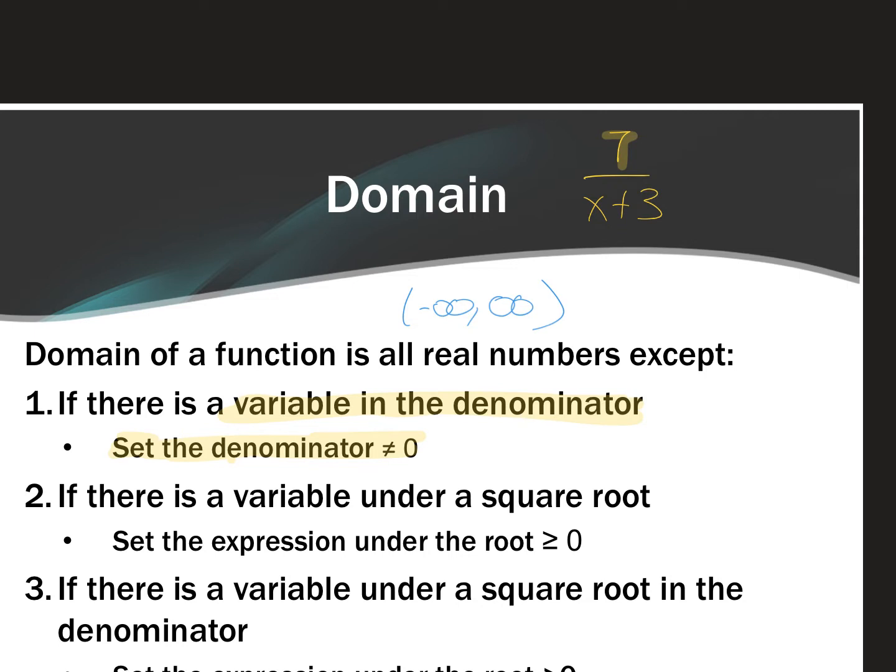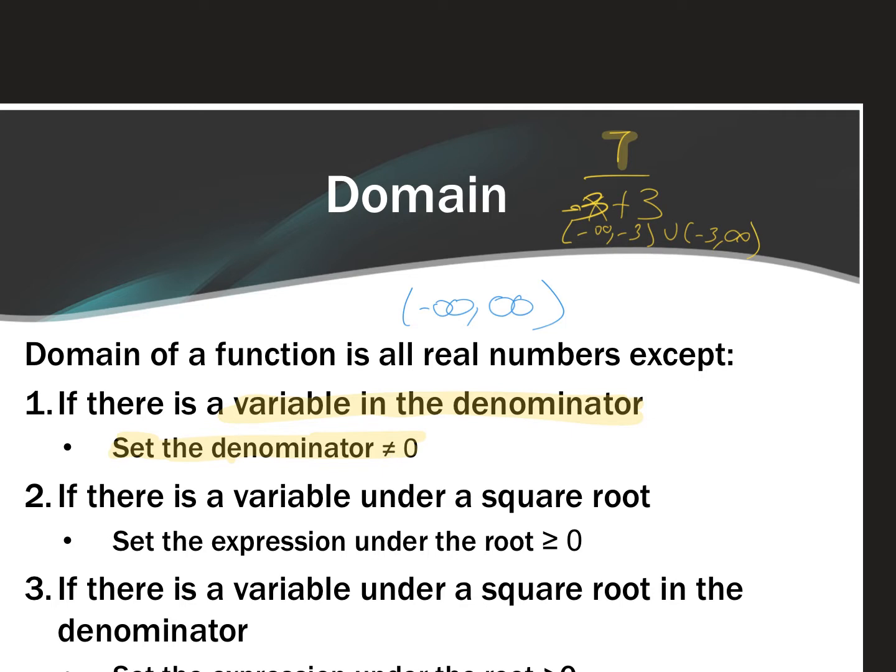Negative 3, right? If x was negative 3, what happens? What's negative 3 plus 3? 0. Can you have 0 in a denominator? So in a case like this, your domain would be everything except for negative 3. So it'd be negative infinity to negative 3, and then negative 3 to positive infinity. That's saying you can use everything in the world except for negative 3.